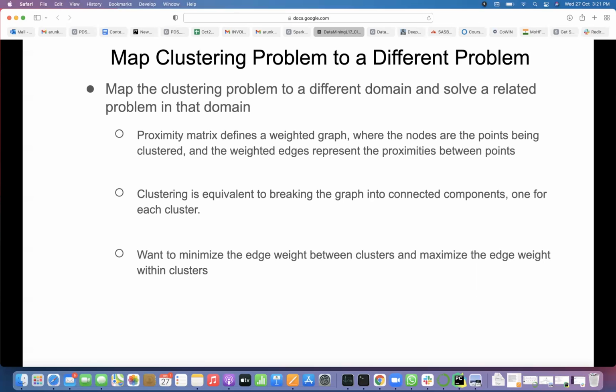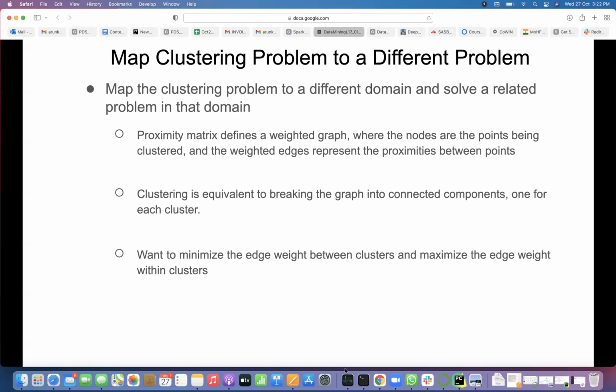You consider them as weights for edges in a graph, and all those 10 points as nodes. Then you can consider that as a weighted graph. If you have a weighted graph, you have methods to find connected components. If you get 3 components, then you get 3 clusters. Again, go back and assign those clusters. So clustering is equivalent to breaking the graph into connected components, one for each cluster.